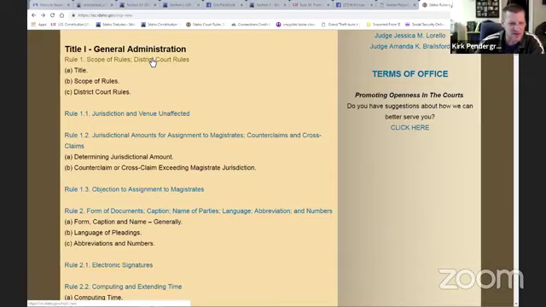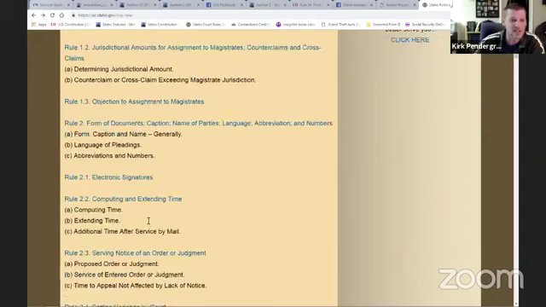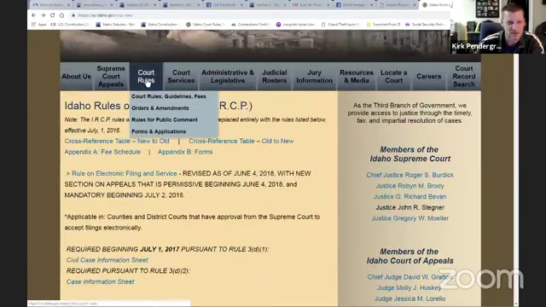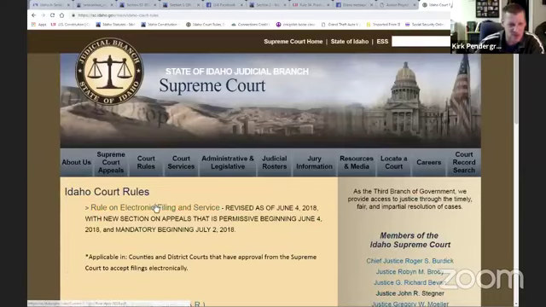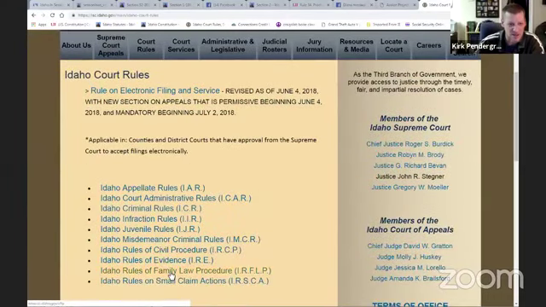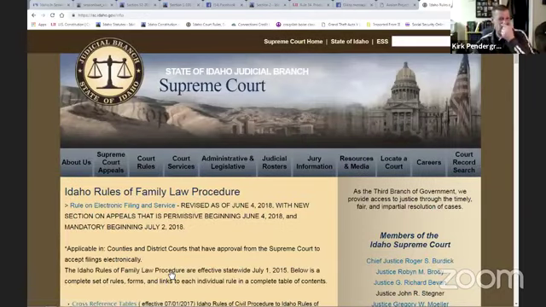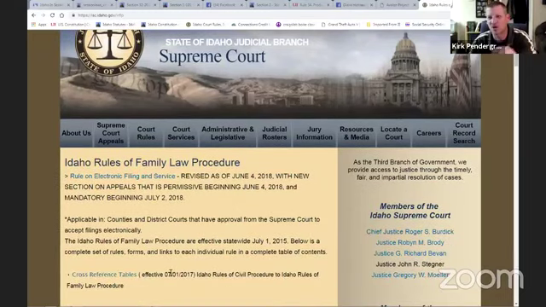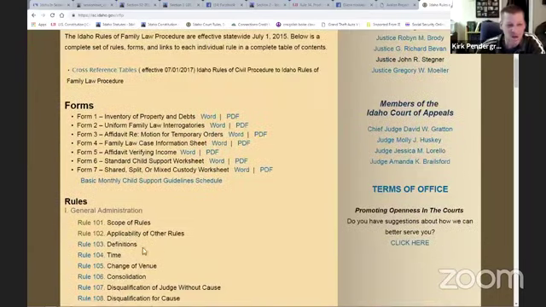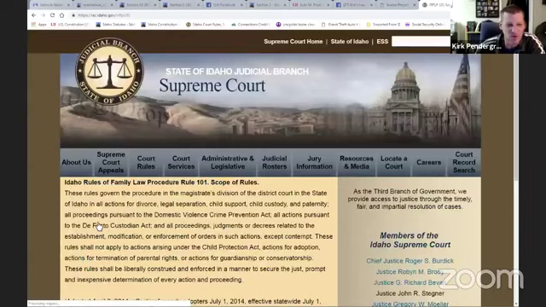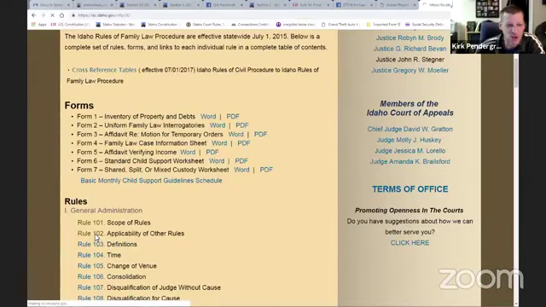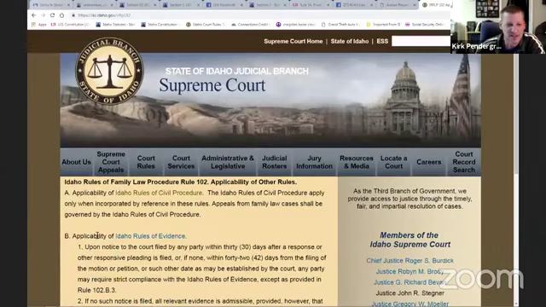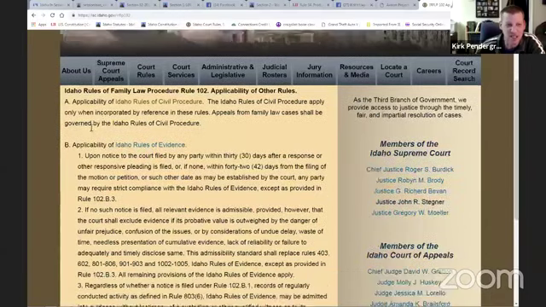Oh, right. Let's see. Let's go back again to here. Family law. Okay. Remember we were talking about those documents in accordance with the strict rules of evidence. This is in the family law. Okay. 101, scope of rules, what they can and can't do. 102, rule number 2, rules of evidence, applicability.